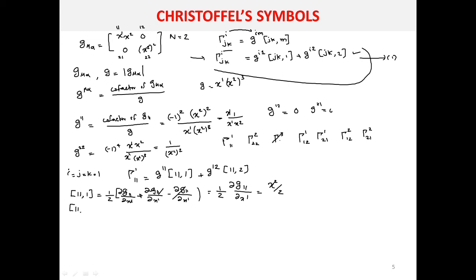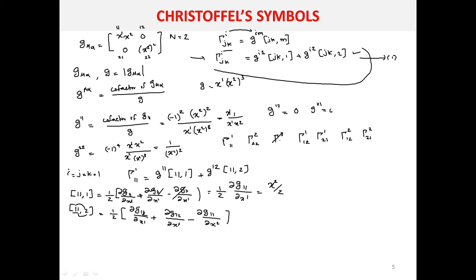What will be the value of [11,2]? It will be equal to 1 by 2 times dou g12 divided by dou x1 plus dou g12 divided by dou x1 minus dou g11 by dou x2.